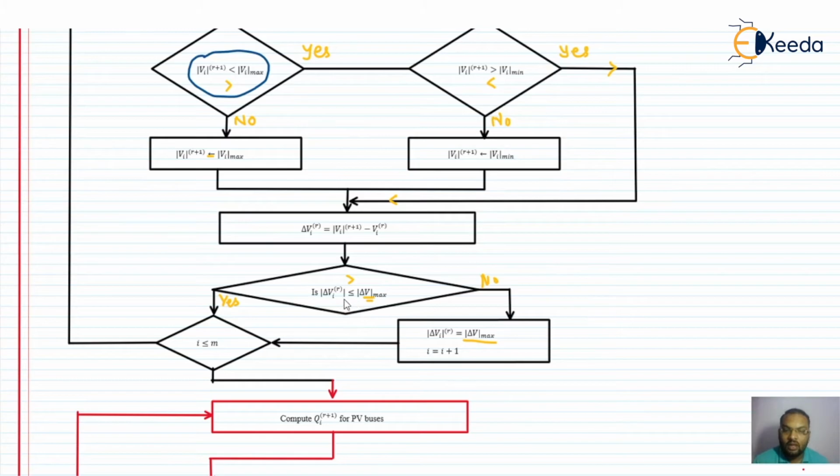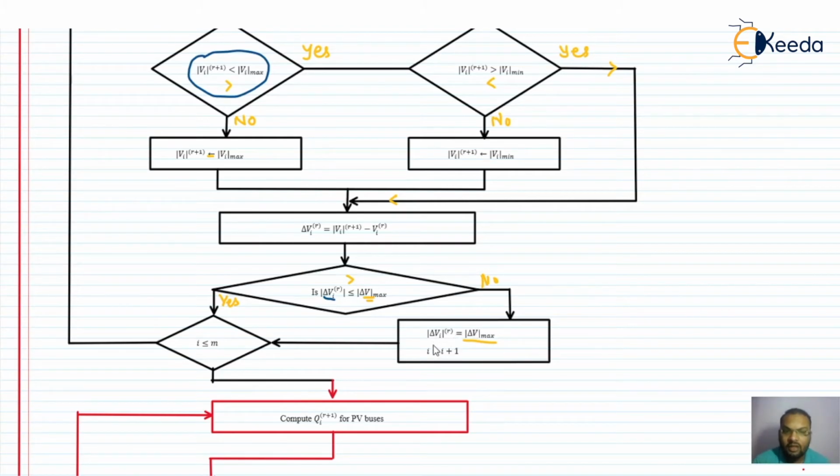Same thing here: it is expected that the difference in voltage should be smaller than this specified change in voltage. If it goes beyond that, then you assign this variable, the voltage at ith bus in rth iteration, to be the maximum change in voltage.